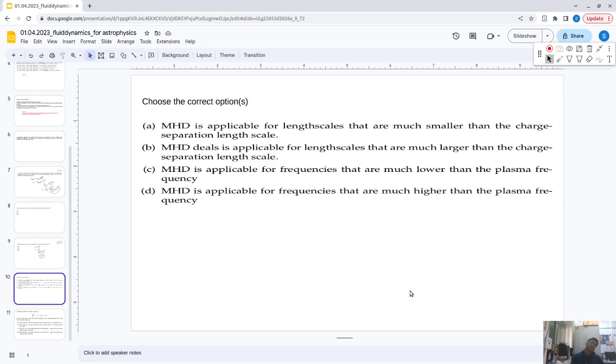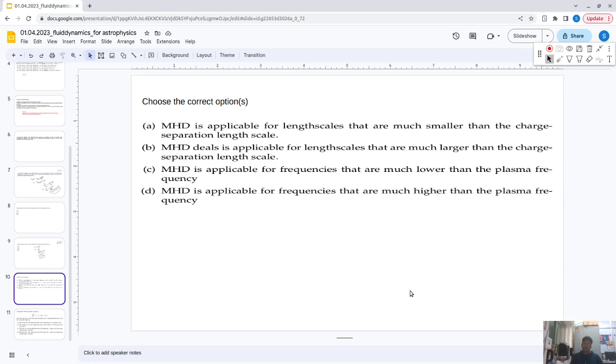That is your collective behavior, right? And when you are considering MHD, you are considering a fluid. You don't consider the individual charged particles within the fluid. So first of all, the length scale has to be large enough that we can consider quasi-neutrality.